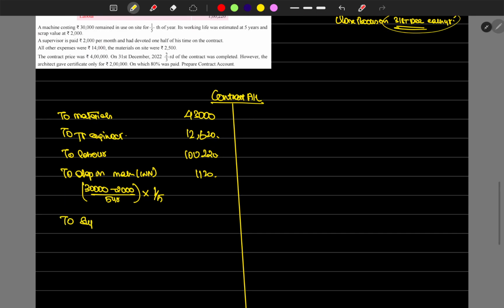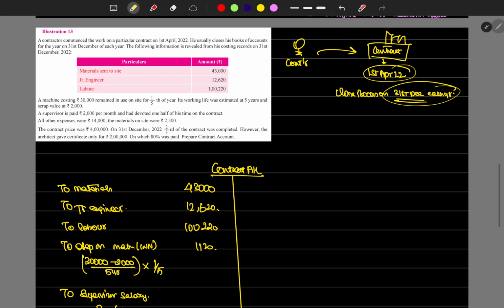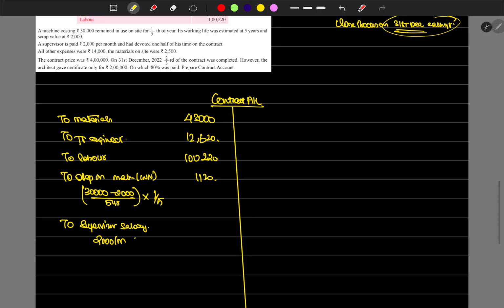Then we have supervisor salary. The supervisor is paid 2,000 per month. How many months has he been paid for? They commenced the work of the supervisor on 1st April 2022, so from April to December it would be 9 months.